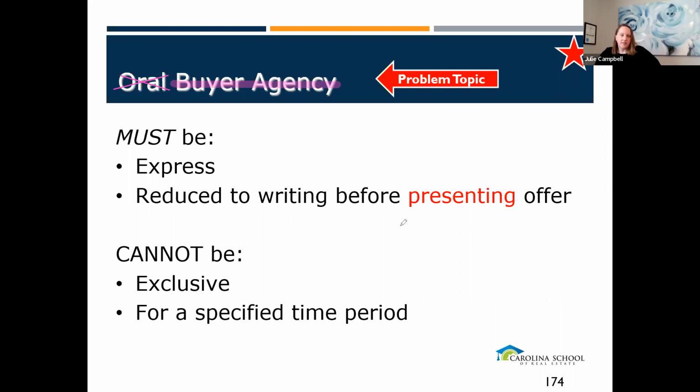Commission rule says that I can work with a buyer under an oral buyer agency agreement at first. The latest I have to put that agreement in writing is before I present the offer on behalf of my buyer. I cannot present an offer on behalf of my buyer without first getting a written buyer agency agreement.